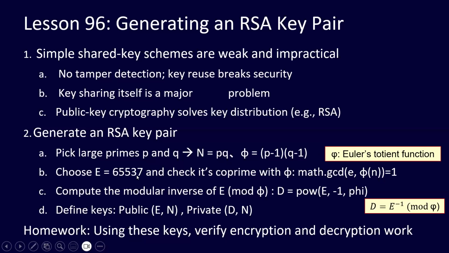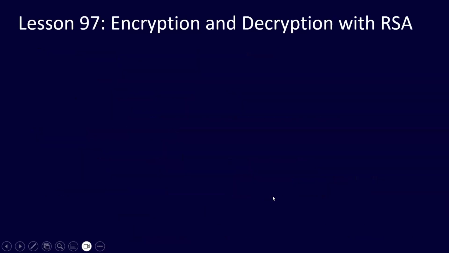And using E with phi, we calculate D, the private key, which is the modular inverse of E mod phi. Now we have two tuples, (E, n), the public key, and (D, n), the private key. So today we're going to use these keys to see how we can do encryption and decryption using RSA.